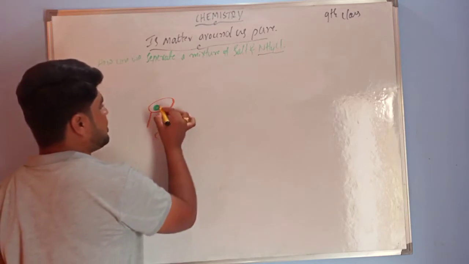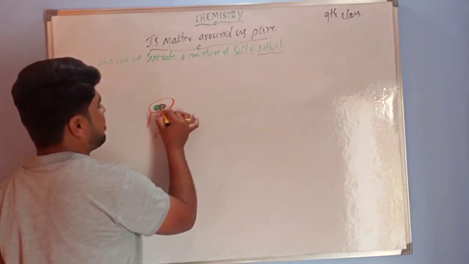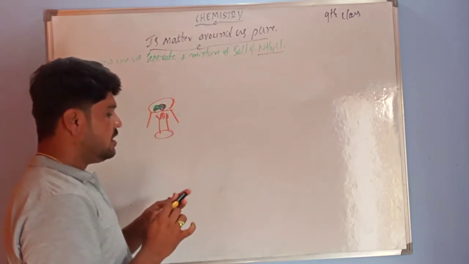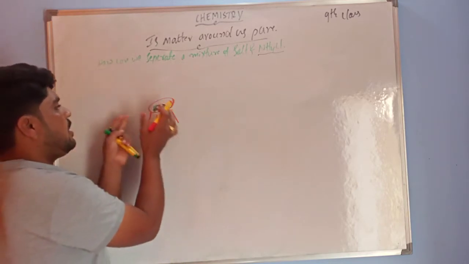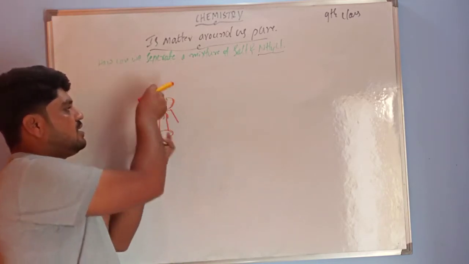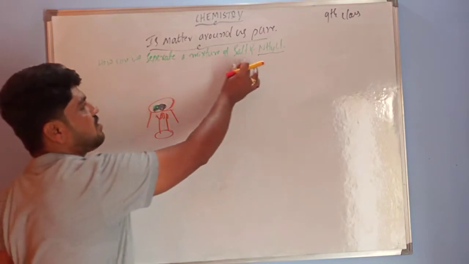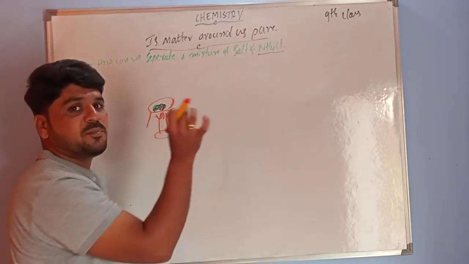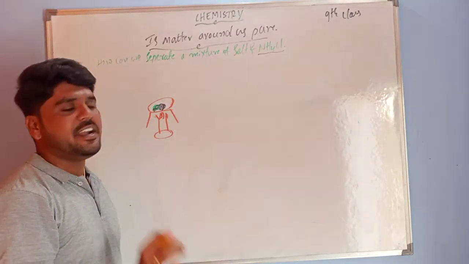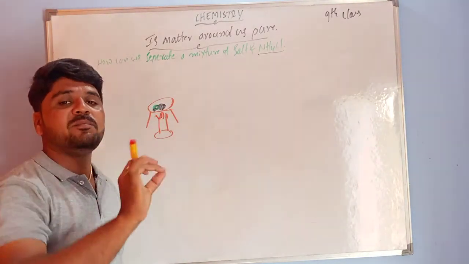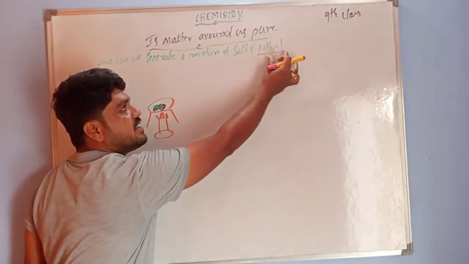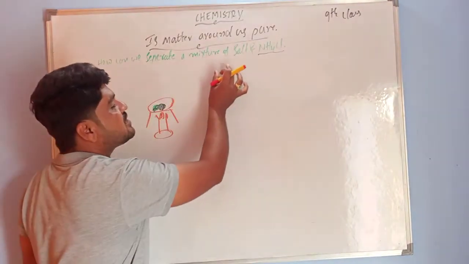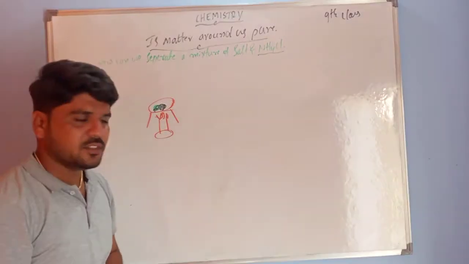Salt is nothing but sodium chloride, our home salt. Here ammonium chloride is the sublimable component, NH4Cl, and the non-sublimable one is salt, NaCl.